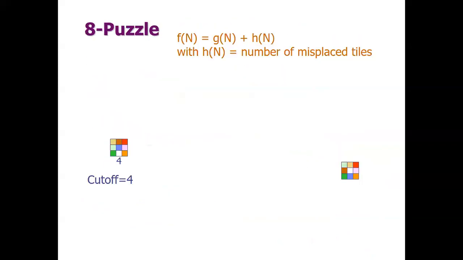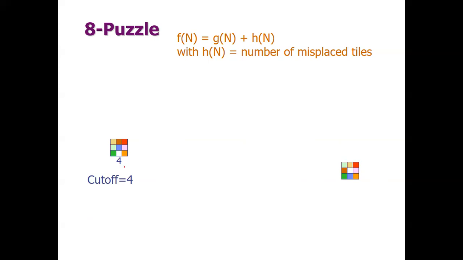So yeah, here is another example for the 8 puzzle problem. We have discussed contour state space, or IDA star, where there will be a cutoff value.